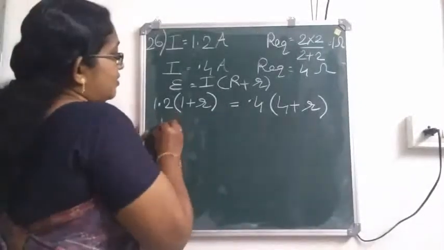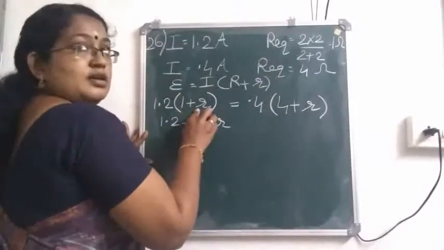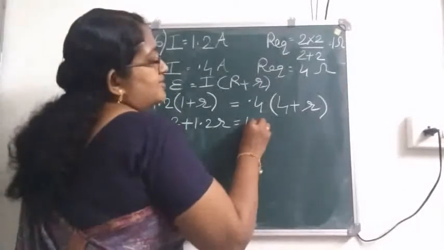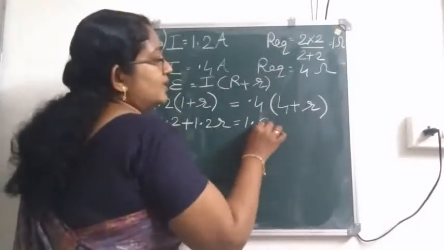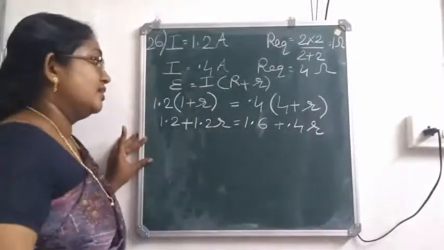Now, 1.2 plus 1.2 R. We are removing the brackets. 4 into 4, 16. Since the point is there, it is 1.6 plus 0.4 R. Okay.